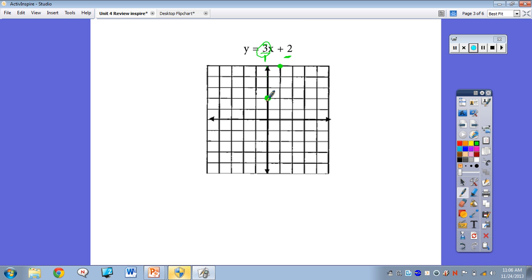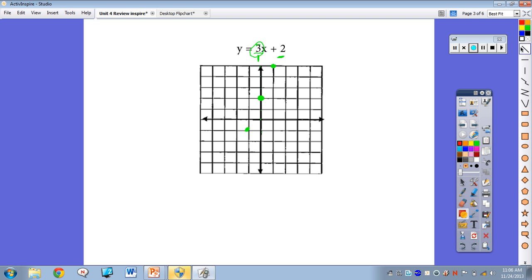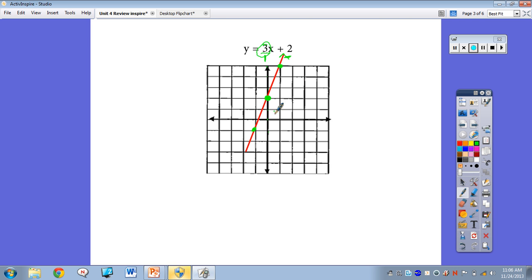I can do the opposite direction from this point and go down 3 and then 1 to the left as well, so I have my 3 points. Now I will connect these points. There you go. Put the arrows on my line, and I have my graphed line right there.